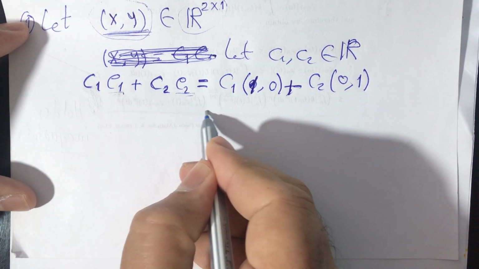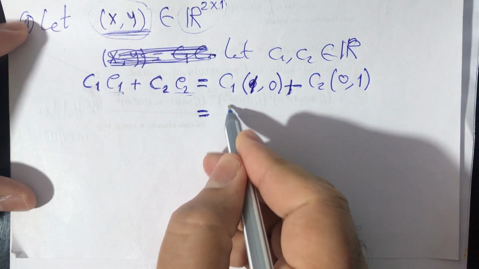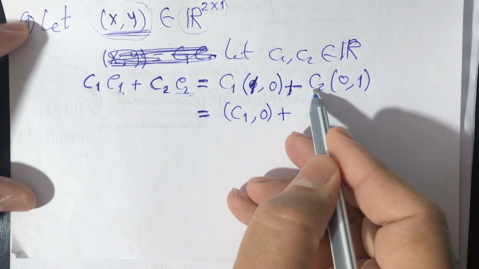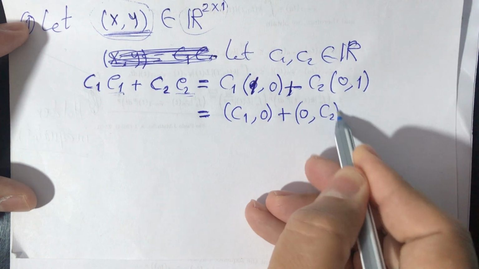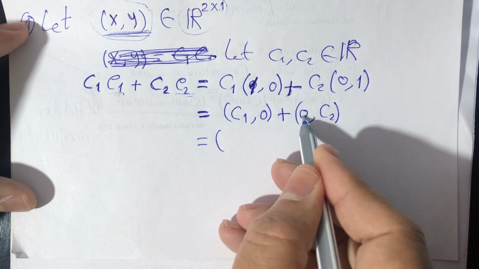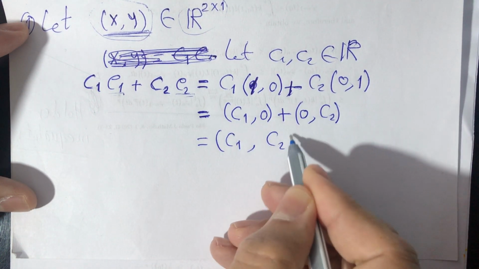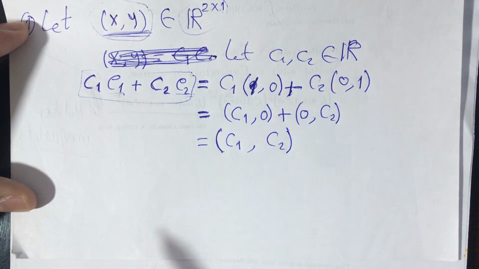Now we can move this C1 here, this will be C1 0, plus also move C2 here, this will be 0 C2, and now sum them. C1 plus 0 will be C1, and 0 plus C2 will be C2. And this linear combination is equal to this.